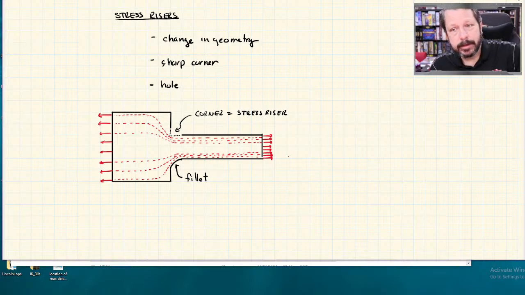You know, maybe if you're laser cutting some flat piece like this might be, then okay, you could probably get a relatively sharp corner. But if you're using any kind of milling, subtractive process like that, then getting a sharp corner is actually kind of hard to do, or expensive. Maybe you can get it done, but it's more expensive to do. So it not only makes manufacturing the thing simpler, but it reduces these stress risers, these stress concentration factors.